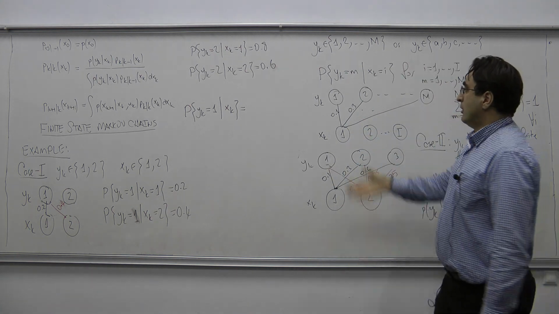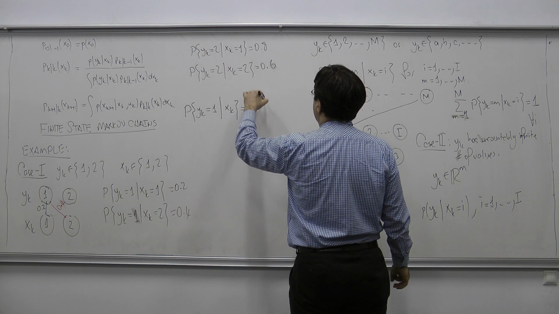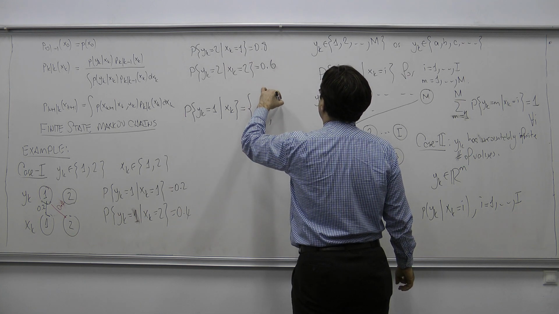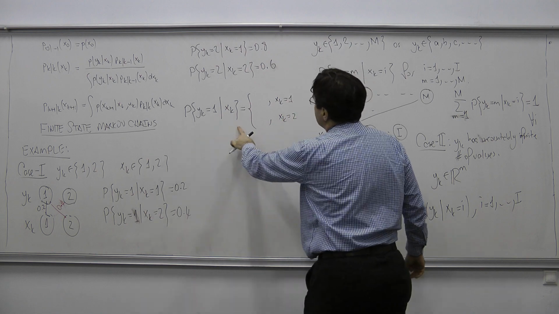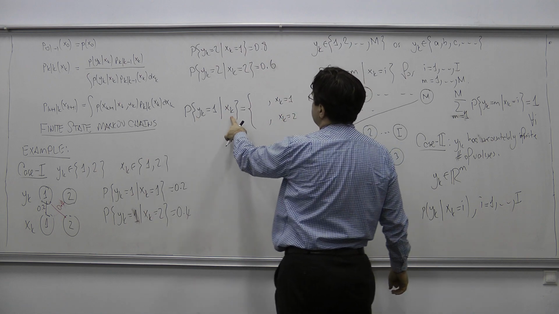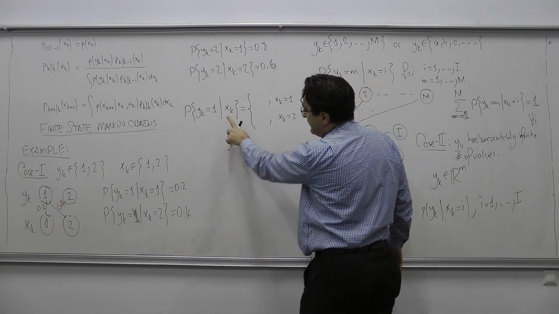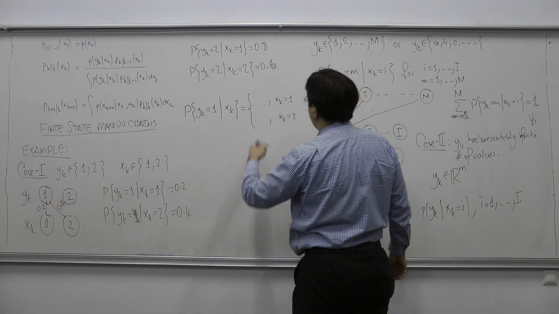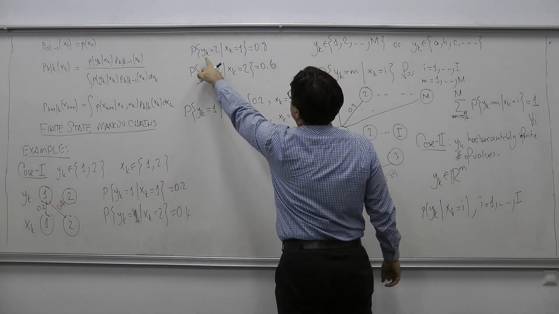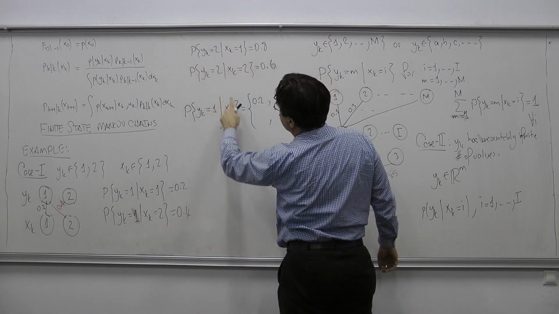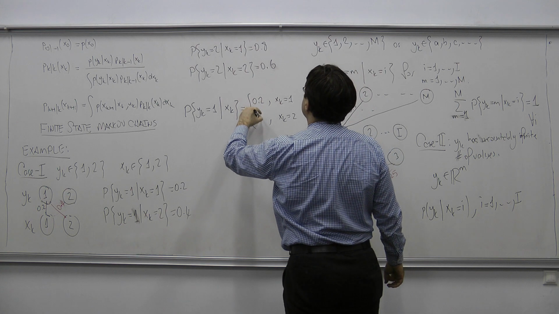Okay? So I can actually write this as a function of xk as follows. So I have here the case xk is equal to 1, xk is equal to 2. This is the likelihood when we fix the argument and consider it as a function of xk. This is equal to, when xk is equal to 1, this is 0.2. And when xk is equal to 2, this is 0.4.